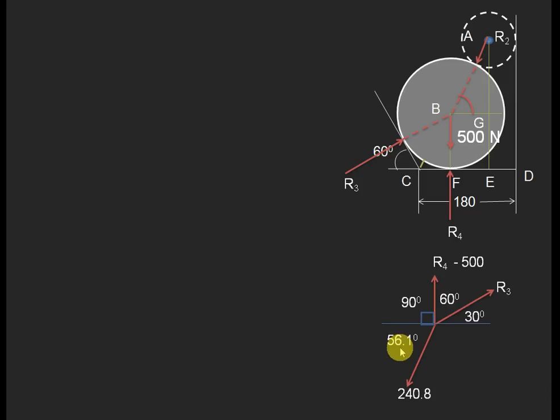Next it is 56.1 degrees, which is the angle R2 makes with the horizontal line, derived in the previous analysis. Now this total angle we can also calculate on this side: 30 plus 90 will give you the total angle here. We can write by application of Lamy's theorem. So I am applying Lamy's theorem: R3 by the sine of the opposite angle, which is the sum of these two angles, 90 plus 56.1.